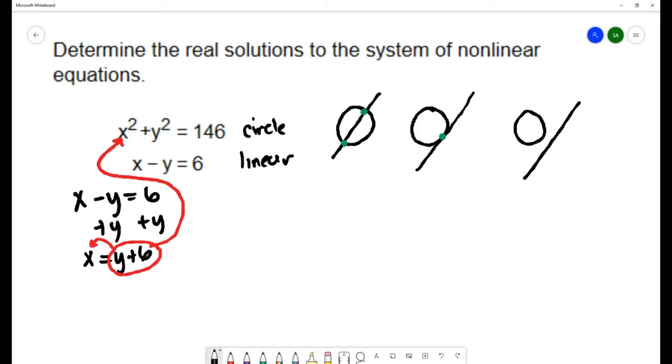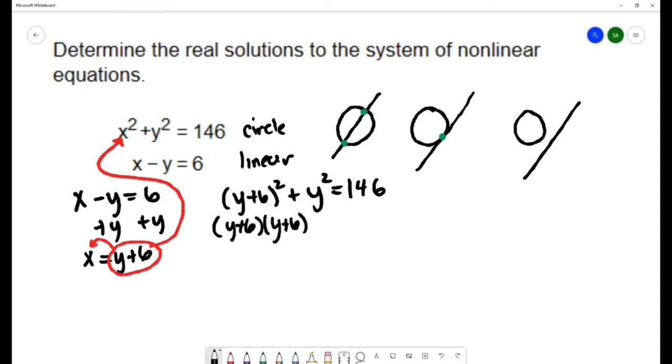So that would give me the equation y plus 6 squared plus y squared equals 146. And I'm going to multiply y plus 6 squared, that's y plus 6 times y plus 6.